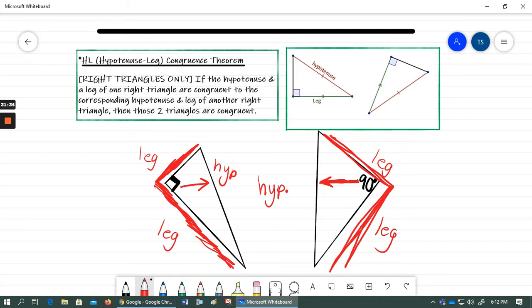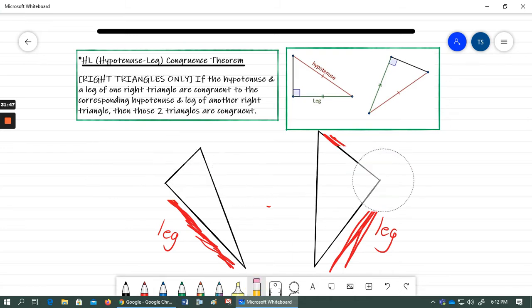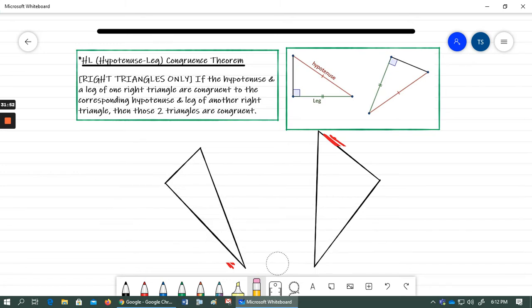Don't forget that, folks. When you have one hypotenuse and a leg from one right triangle that are congruent to the corresponding parts in another triangle, then and only then can you say those two triangles are congruent by the HL theorem.